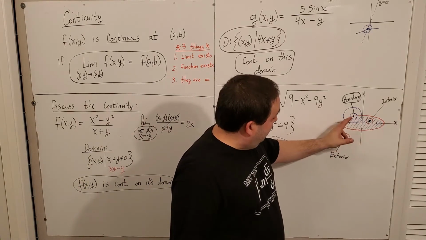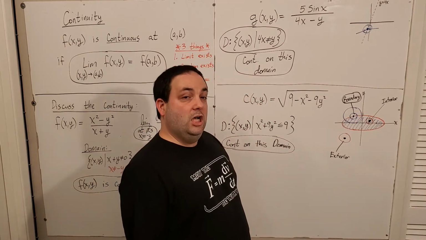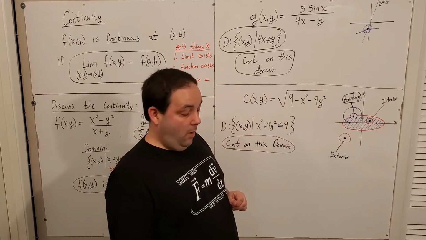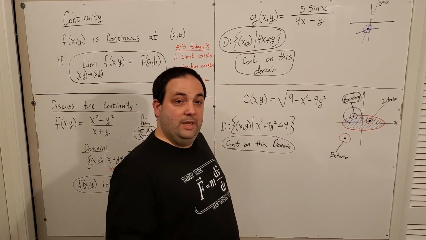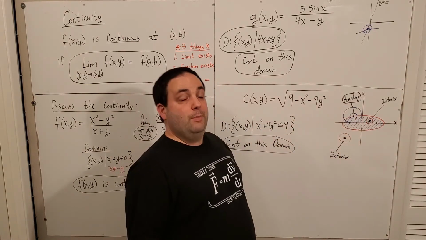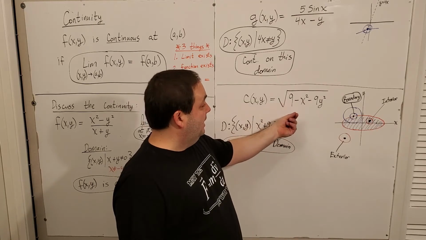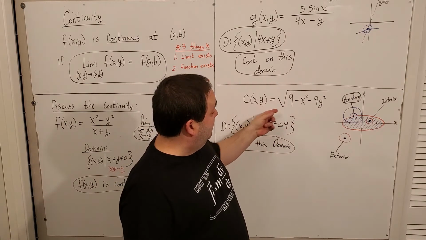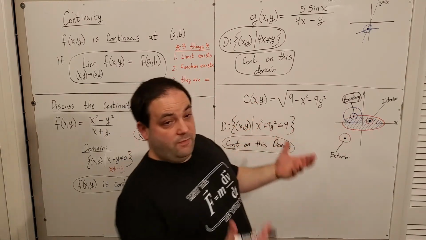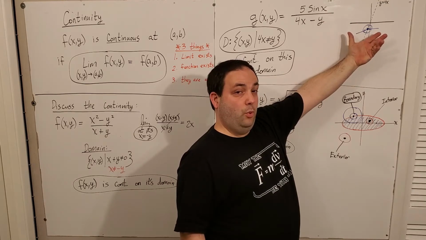Now, in this case right here, what's interesting is we may be interested in talking about the continuity of these boundary points for this function, right? So we need to talk about the limit. Fortunately, for things like this, the limit laws apply to these boundary points. I can actually take the limit as this function approaches one of the points on the boundary. Vice versa, right? The limit does not exist on these boundary points.